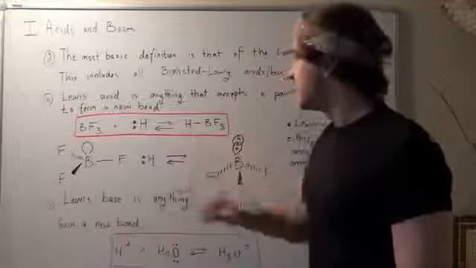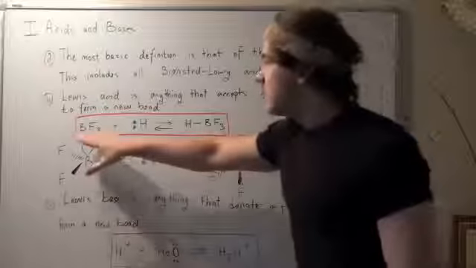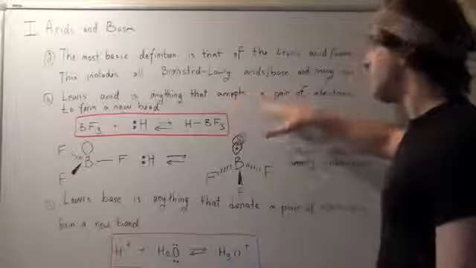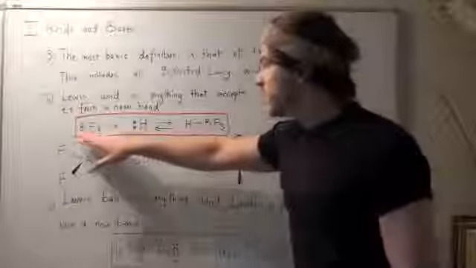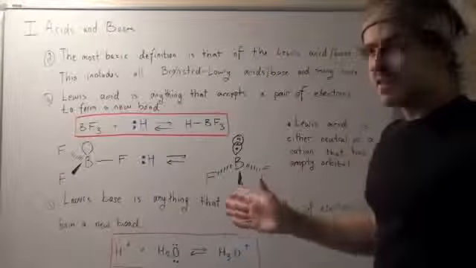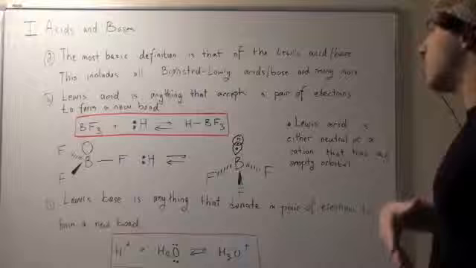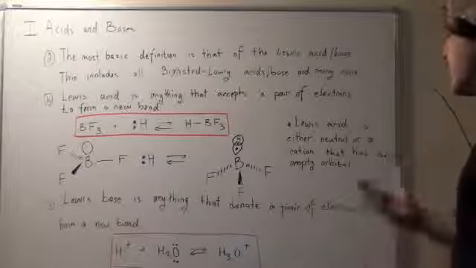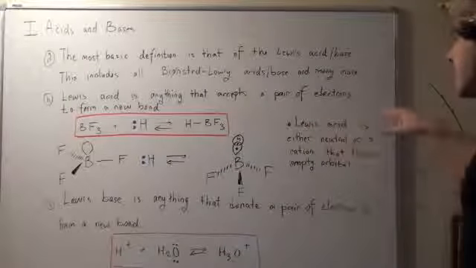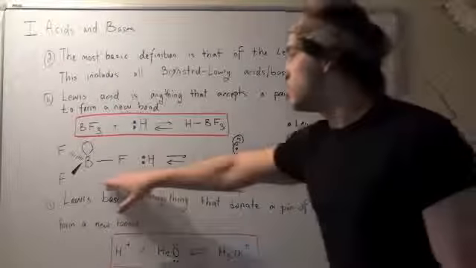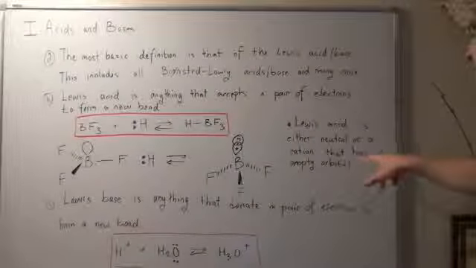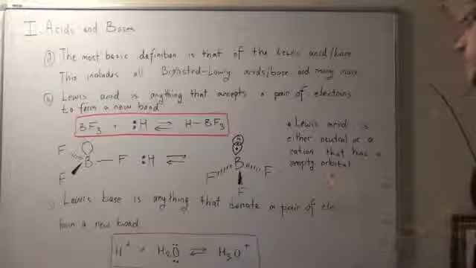So, in this case, the BF3 accepted the pair of electrons because it had that empty orbital. So the BF3 is our Lewis acid. So another way to talk about a Lewis acid is to say that a Lewis acid is either neutral, as in this case, or a cation, that has an empty orbital.